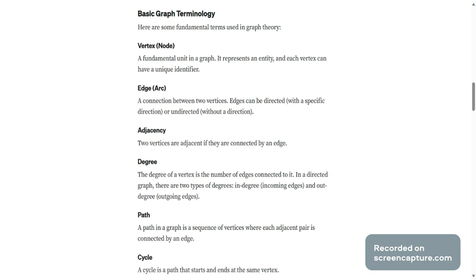Edge, a connection between two vertices. Edges can be directed with a specific direction or undirected without a direction. Adjacency, two vertices are adjacent if they are connected by an edge. Degree, the degree of a vertex is the number of edges connected to it. In a directed graph, there are two types of degrees: in degree, incoming edges, and out degree, outgoing edges.